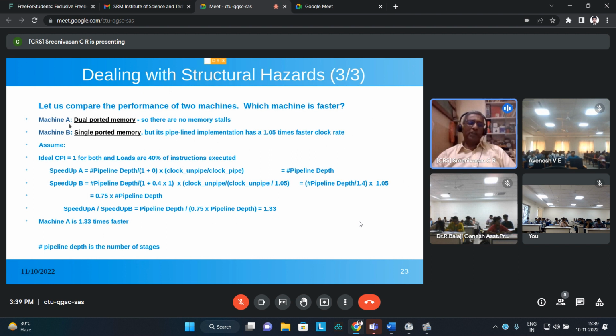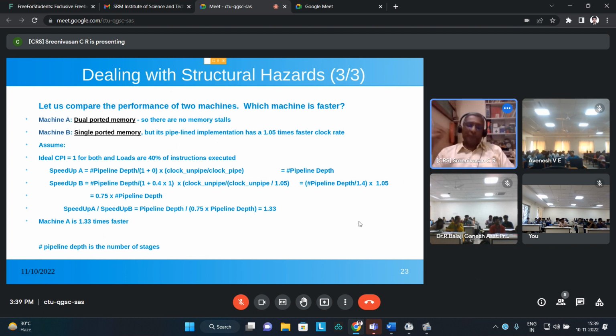Let's say I have a machine with a dual-port memory, and I have a machine with a single-port memory. But the single-port memory machine has a better processor with a faster clock rate. Though the memory is single ported, should it perform faster?